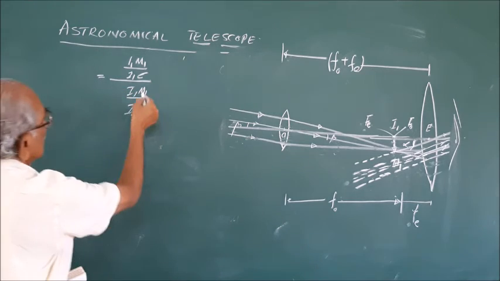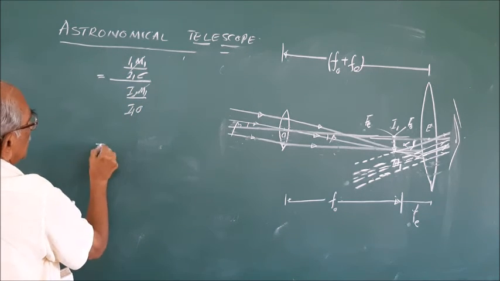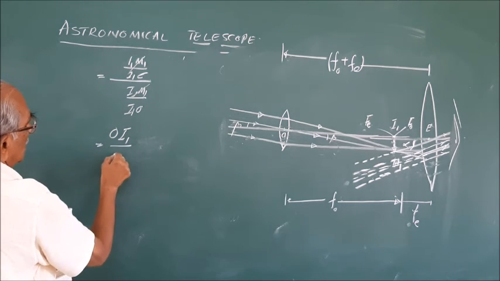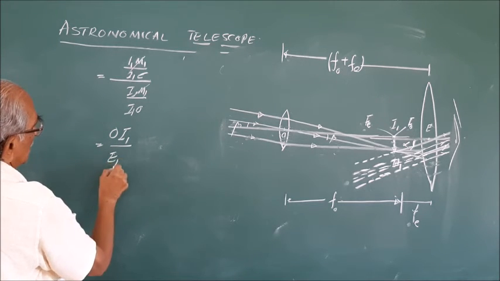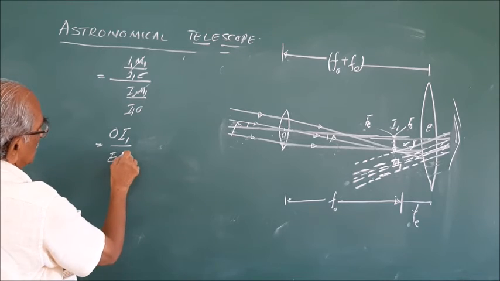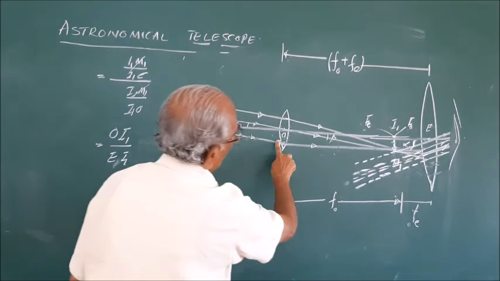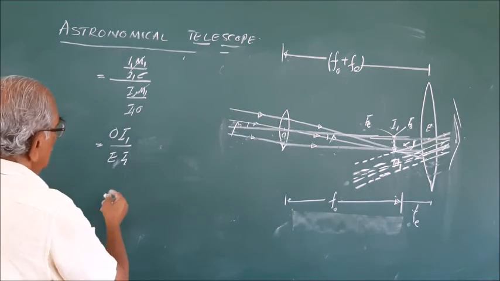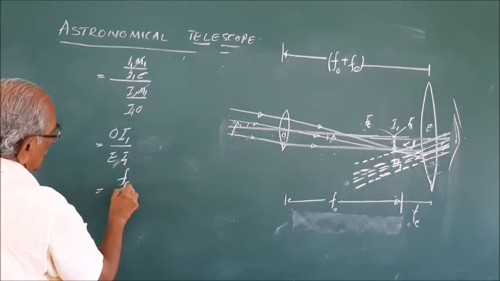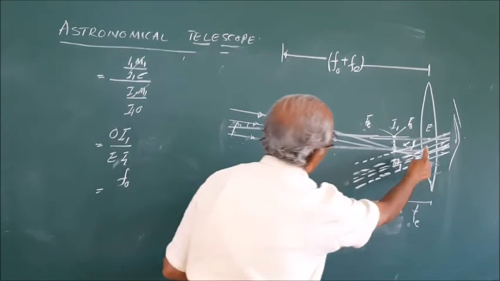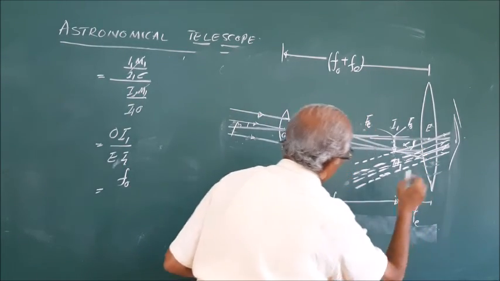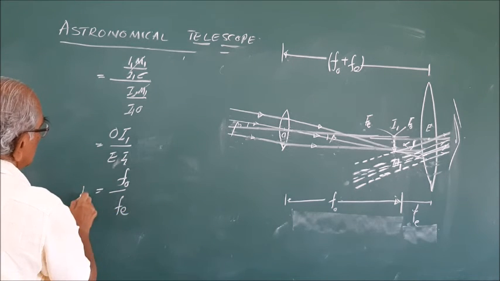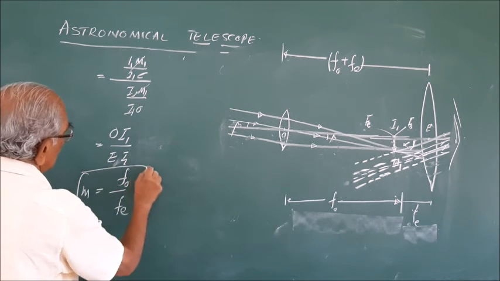Simplifying, I1M1 cancels, giving you I1O divided by EI1. OI1 is FO, and EI1 is FE. So, this is the expression for the magnification.